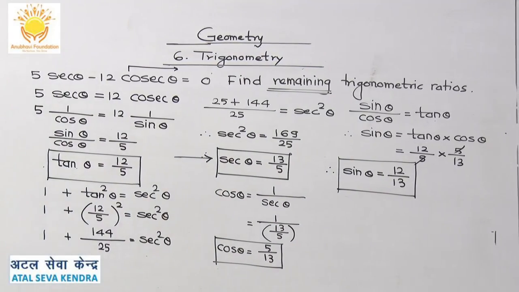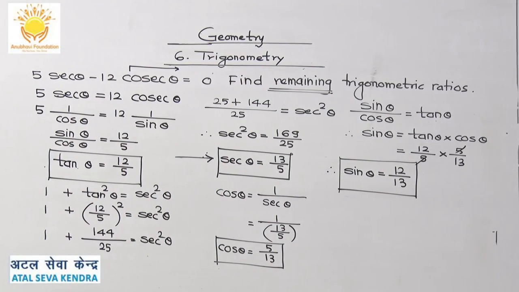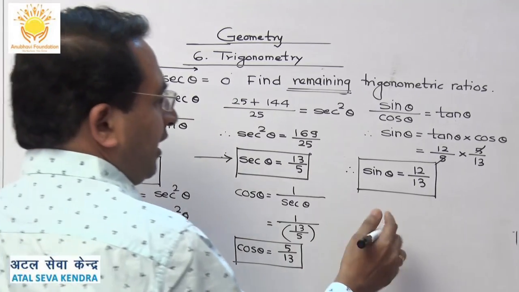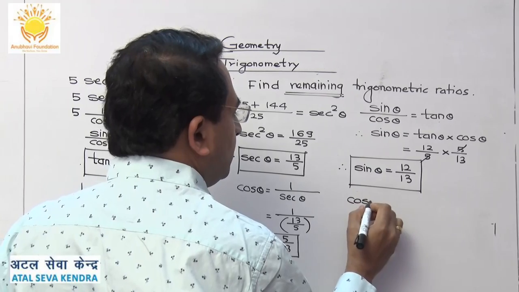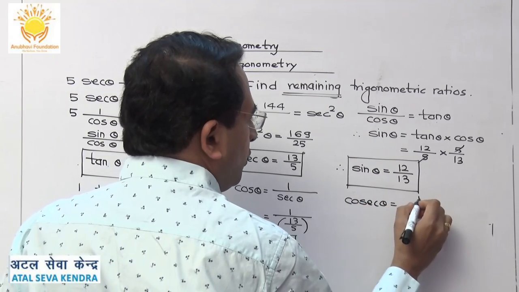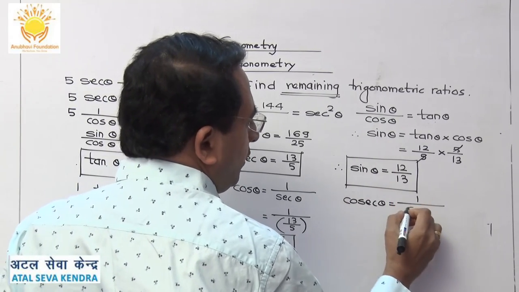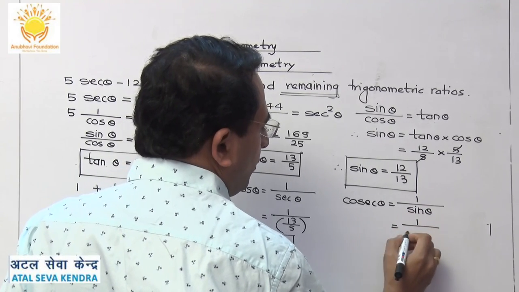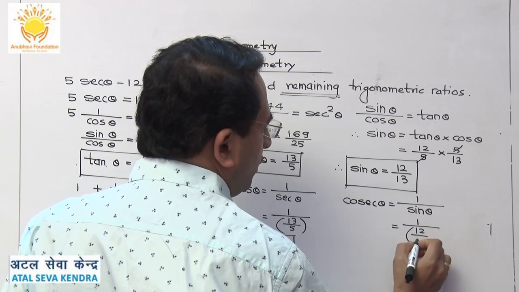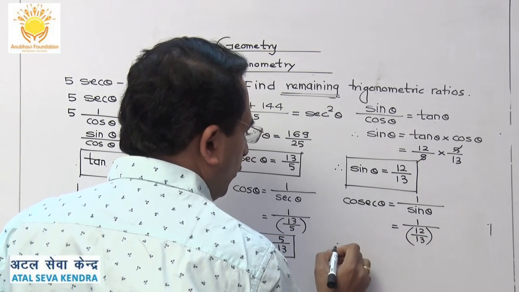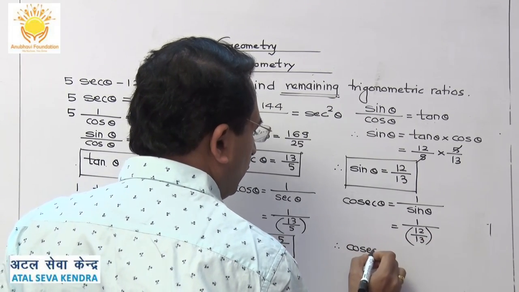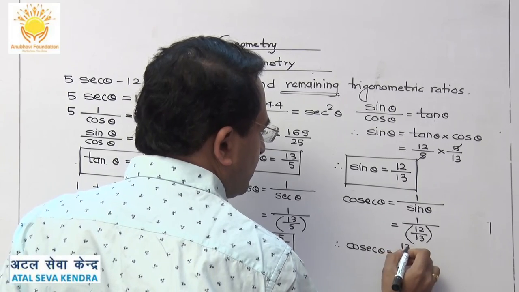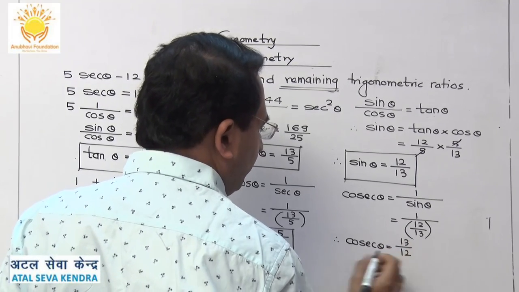What next? Sine, cos, tan. Now we have to go for cosec. Cosec theta is the reciprocal of sine. So 1 upon sine of theta, that is 1 upon 12 upon 13. Therefore, we can write cosec theta is 13 upon 12.